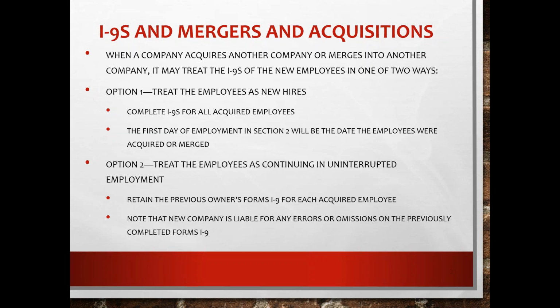Well, the employer has two options. First, you can treat the employees as new hires, which means that you're going to complete new I-9s for all of the acquired employees. And if you choose to do that, technically, the date of hire for the I-9 is going to be the date legally that the acquisition was completed or made effective.